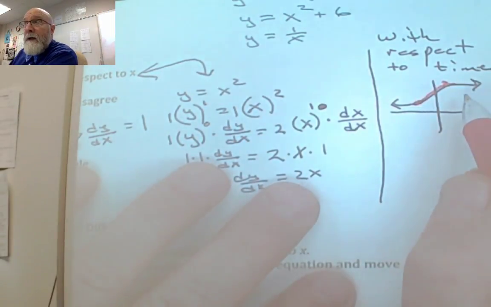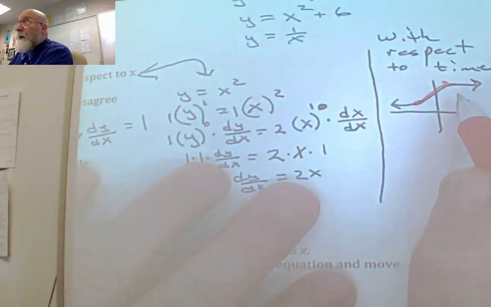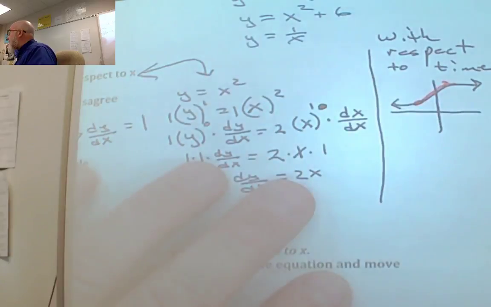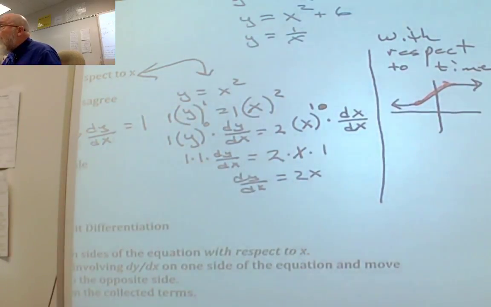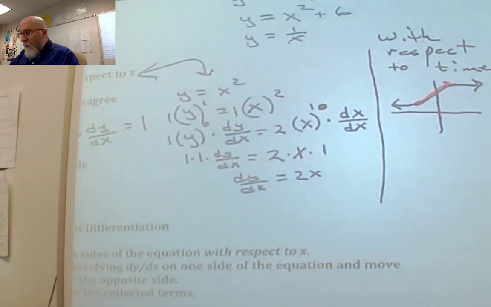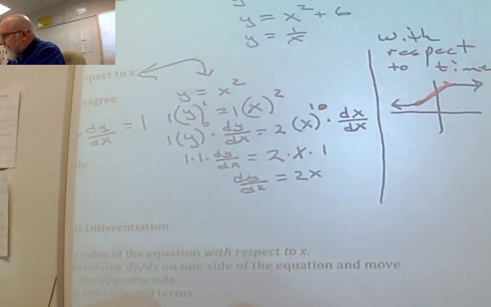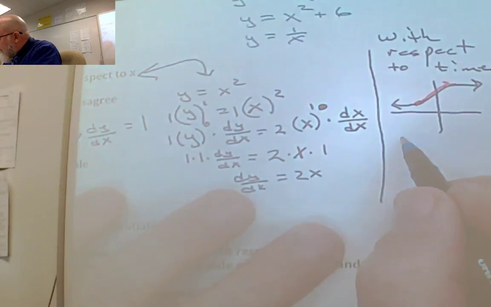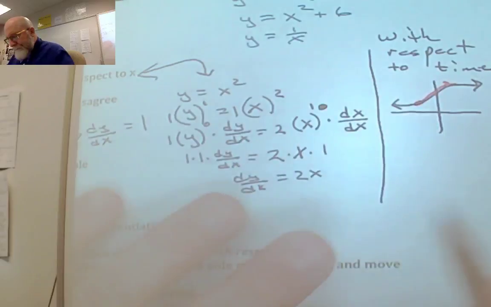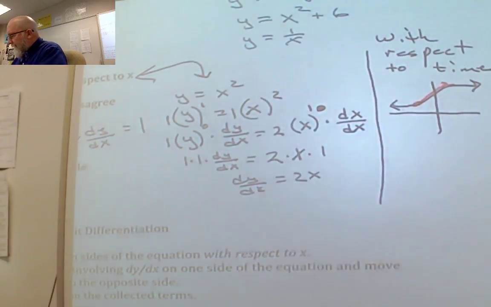Would you agree? So not only does y have a speed, x has a speed as it moves along that curve. Does that make sense? So what I can do in calculus is if I have something like this, and let me draw another graph.